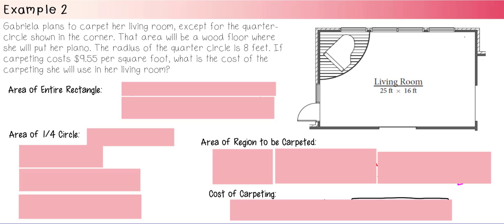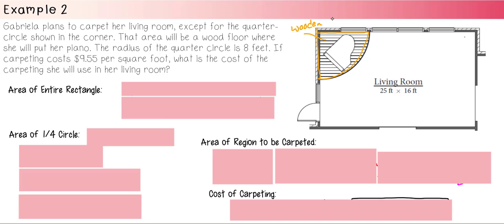So in this second plan example, we're going to look at carpeting a room. However, if you look at the drawing over here, you can see that part of this room is shaped like 1/4 of a circle, and with the lines, that shows us that it's wooden flooring. Okay, it is not carpeted.